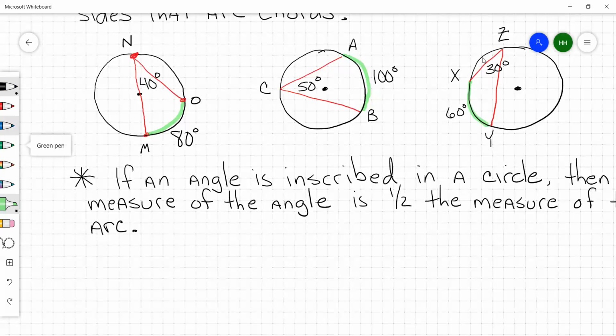Let me put my pencil on O, and I'm just going to go across this circle. And then I'm going to go back to point M. Just created another angle, right? What's the measure of that angle? It's 40, isn't it? Because don't both of the angles intercept the same arc?